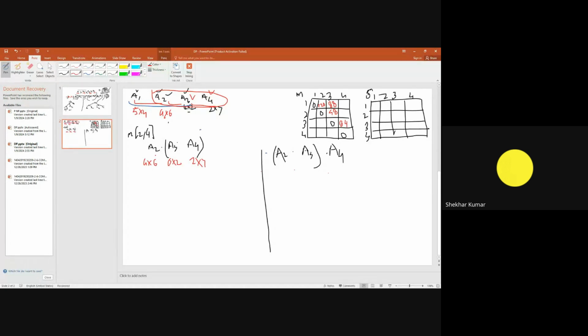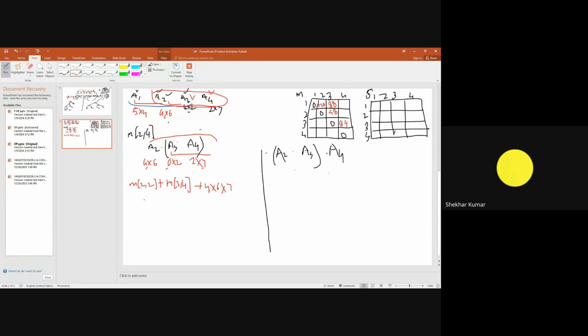For A2, a single matrix, the cost would be M[2,2], plus M[3,4], which is already calculated in the previous iteration, and for multiplying all three matrices, the total number of multiplications would be 4 into 6 into 7.